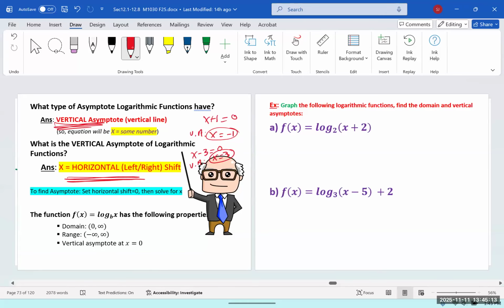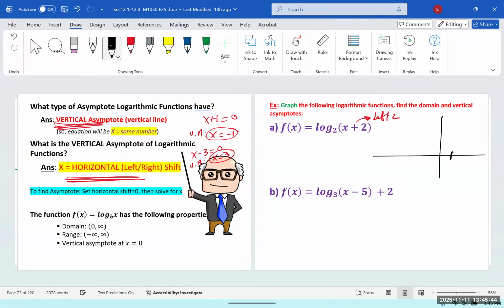For example, we had 2 questions. We actually have more examples, but here we have 2 examples. Let's see. We have a 2 next to the x. Which shifting? Transformation. Left. Left 2. So you draw the original graph.